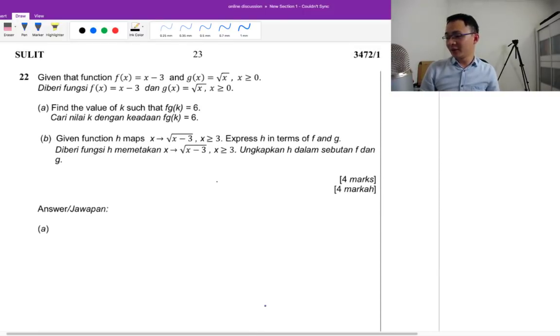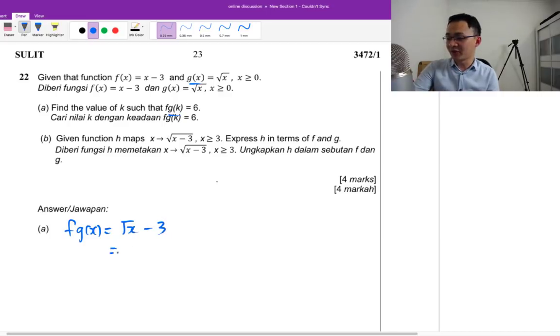This one, the value of k when... we will just do the FGK, or you can do the GK also, or join them together. Never mind, I do the FGX. FGX means substitute GX into FX. So basically, I will substitute my GX, which is square root of X minus 3.